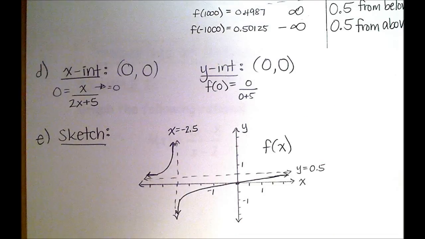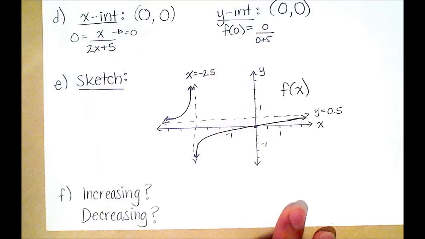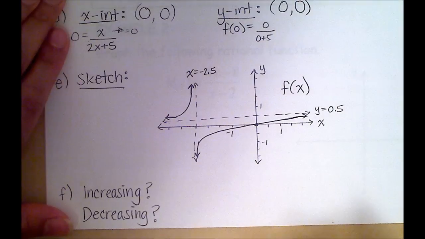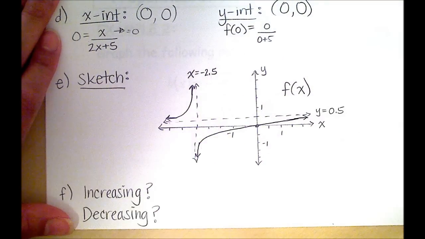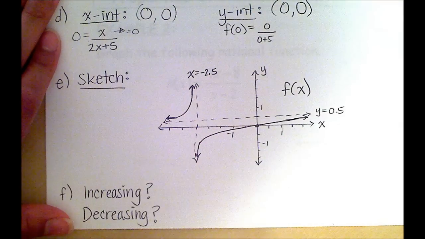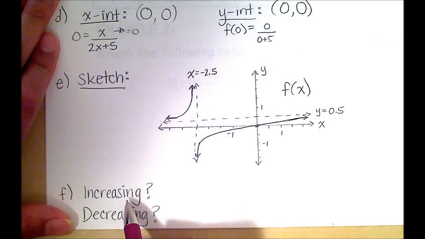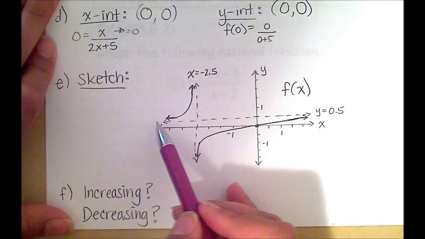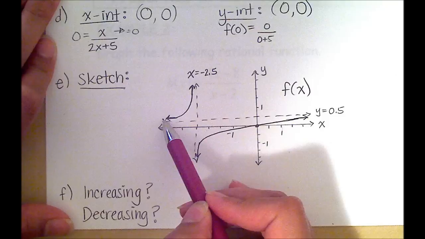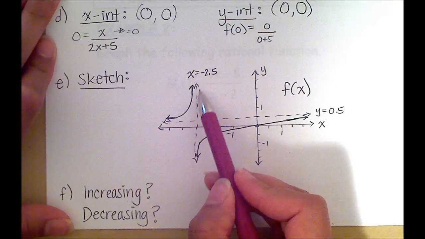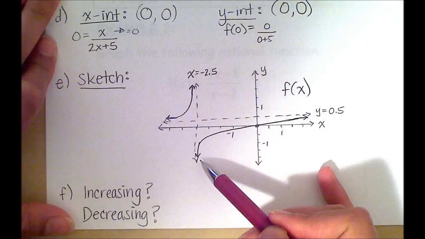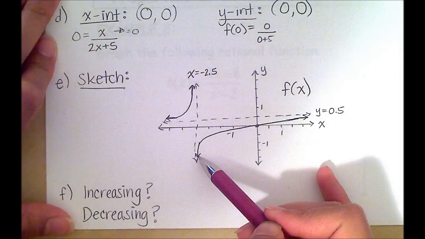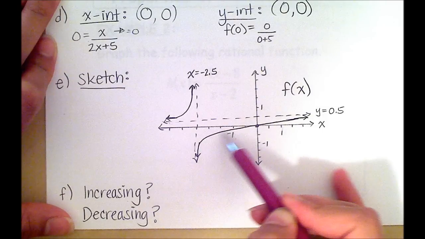Okay, so the last part of the question says, where is the function increasing and where is it decreasing? So increasing means that it's going up and to the right as you go from left to right, and decreasing means it's coming down and to the right as you go from left to right. And so you'll notice that in this case, if you start on the left-hand side of the graph and move your pencil along with the curve, the function is actually increasing in the first segment. And if you look at the second segment and follow your pencil from left to right, you'll notice that the function is also increasing.